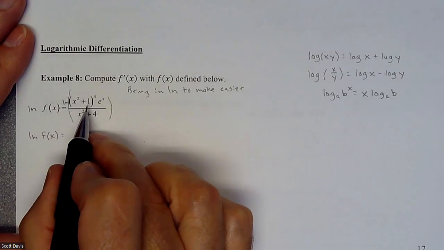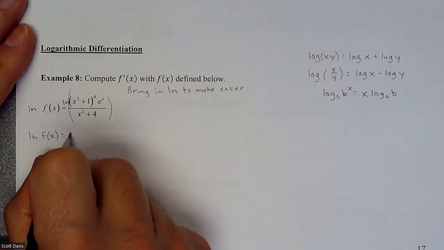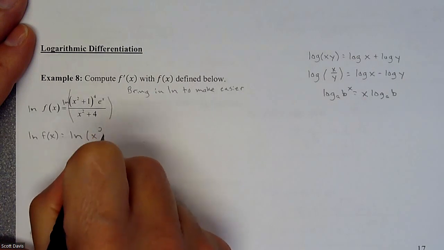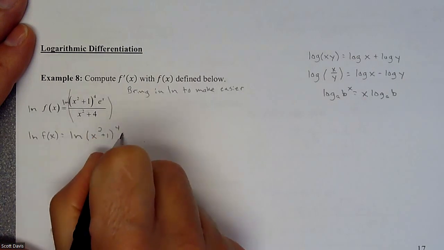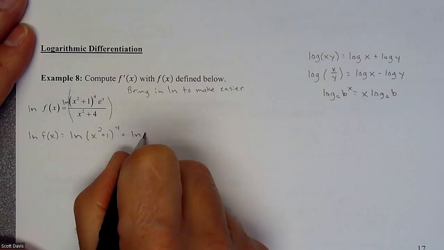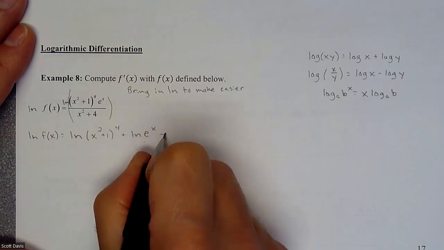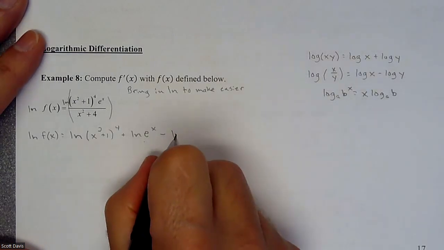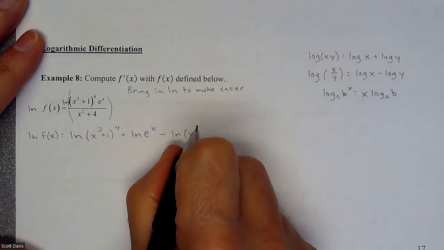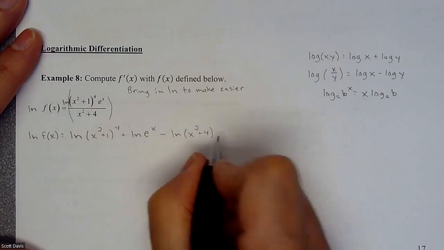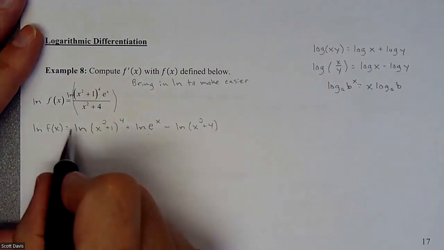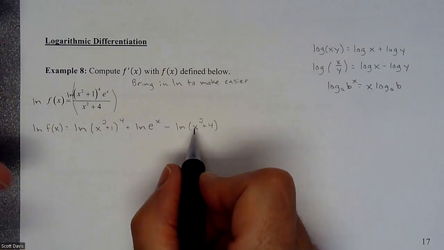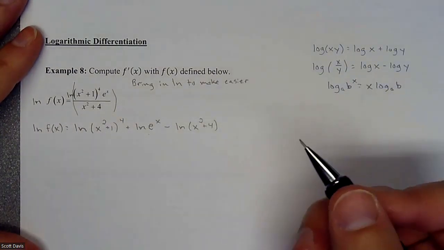I have that I can separate these into the natural log of (x squared plus 1) to the 4th, plus the natural log of e to the x, minus, because that's in the denominator, minus the natural log of x squared plus 4. All right, so now when I do this derivative, I'm just going to be doing derivatives of individual things. There is one other little piece that I can clean up, actually two pieces.